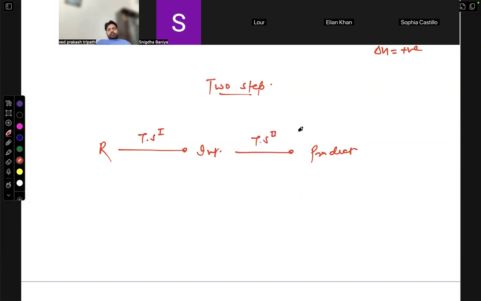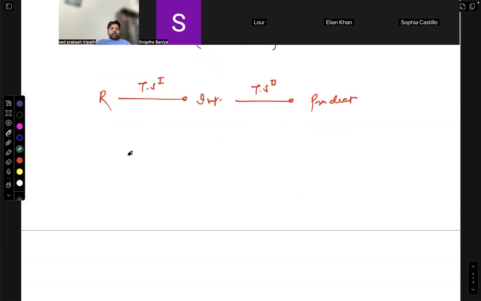Clear? So let me know how many peaks in the two-step reaction. How many peaks? Very good. So it could be like this. Any one can be bigger or smaller. It's just an example, okay?